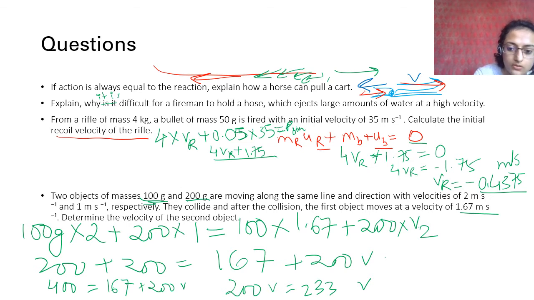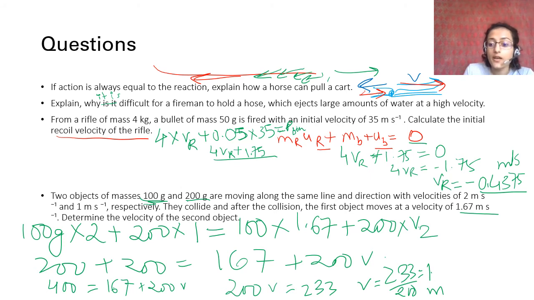V is equal to 233 divided by 200, which is equal to 1.165 meter per second. This is the velocity of the second ball.